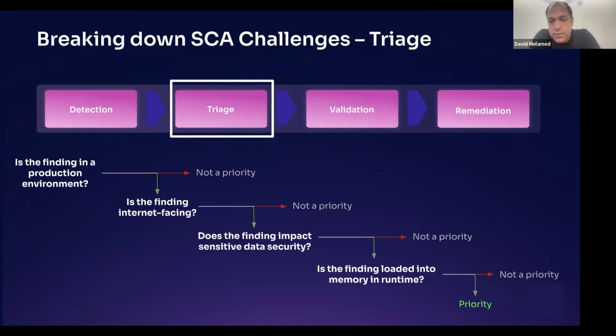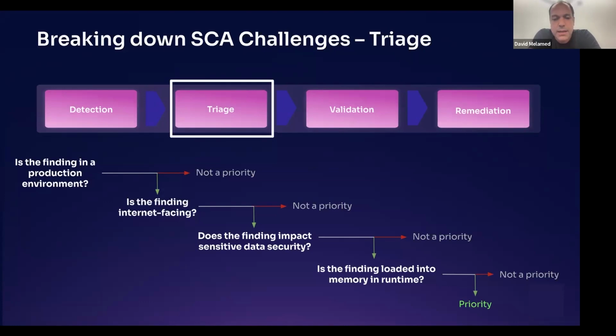First of all, you only care about what's really a risk for you. So the first parameter you can take into account is whether or not the finding is related to software that is deployed to a production environment. If it is deployed to a production environment, it's a priority. If not, then you can ignore it safely and either deal with it later once you deploy to production, or never touch it and leave it like that.